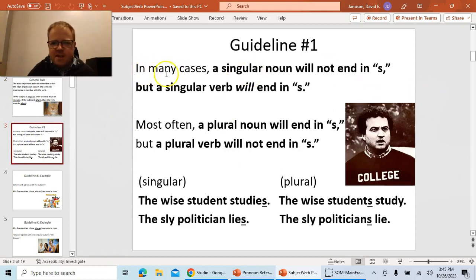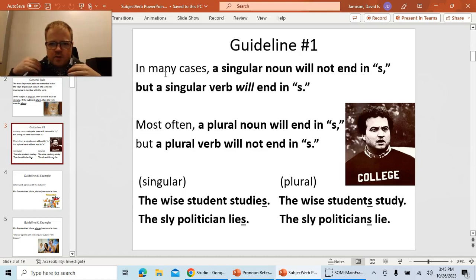In many cases, a singular noun will not end in S, but a singular verb will end in S. This isn't all the time, but most of the time that's true. Most often, a plural noun will end in S, and a plural verb will not end in S.